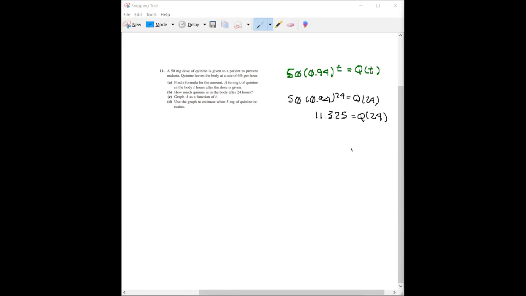Next, it asks us to graph this function. We could go ahead and calculate a bunch of different points. That is a thing that we could do, but I don't think that's really a very productive use of our time.